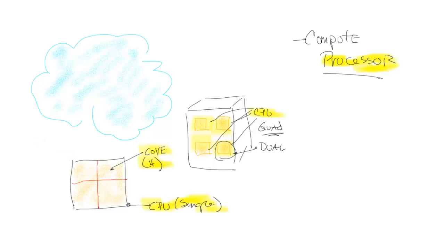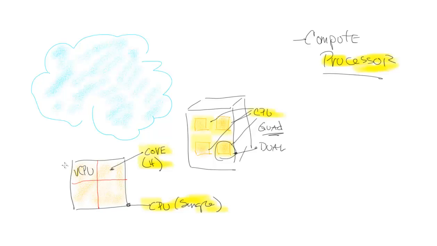Within those cores, typically in a cloud environment, we put what we call virtual CPUs. And those are really called vCPUs. Okay, so a virtual CPU.